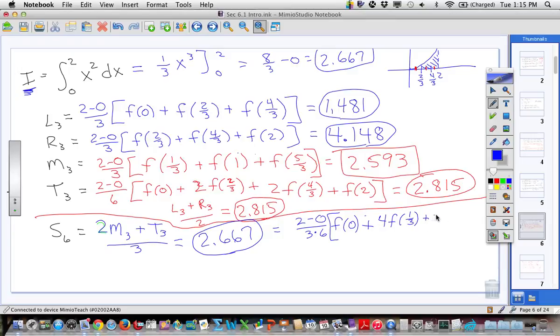Plus 2, what's the next one? f of 2/3. Plus 4 f of 3/3, which is 1, plus 2 f of 4/3, plus 4 f of 5/3, and then the last one, there's just 1. That'd be f of 2.